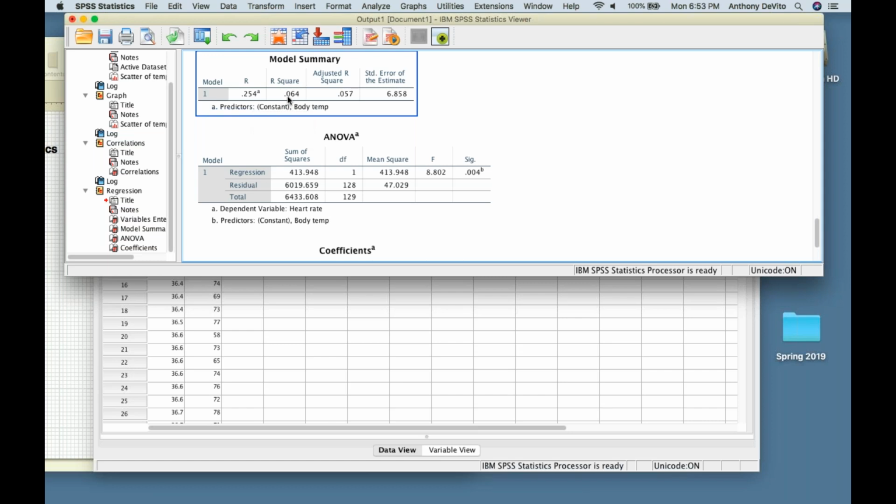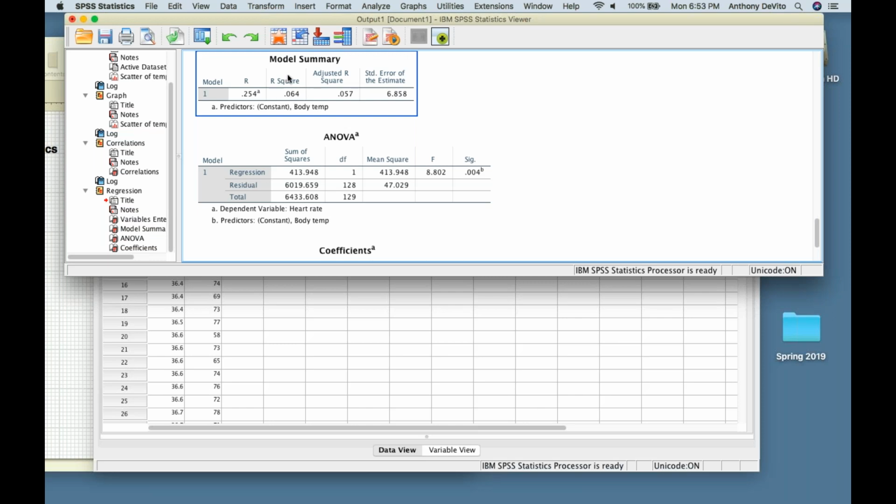R squared is based on this correlation value and some other ways of measuring it as well. R squared gives us an approximate way of understanding how much one variable impacts the change in the variability in the other. In other words, if a person's body temperature goes up, how much does that predict how much of a change you get in his heart rate, right?